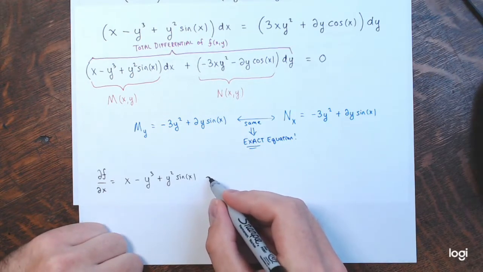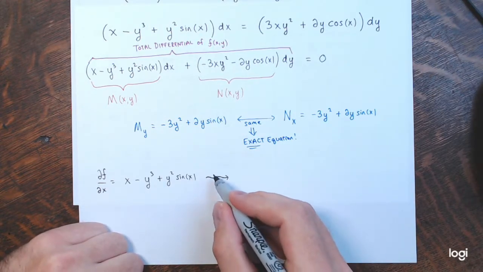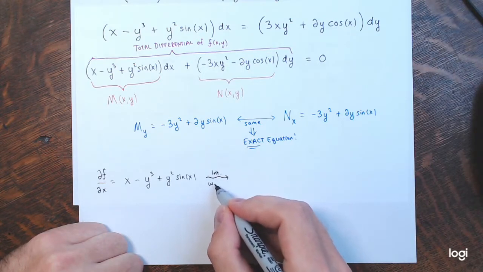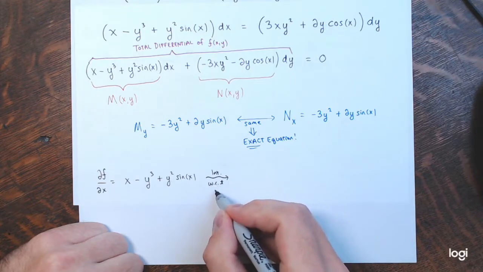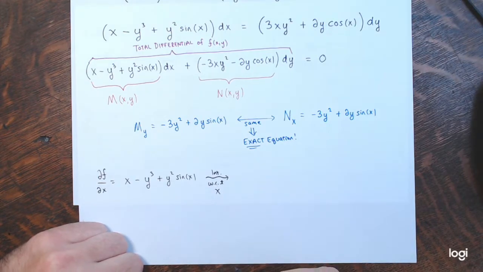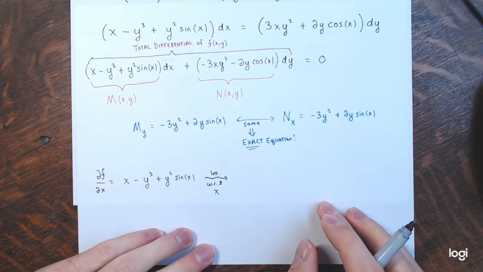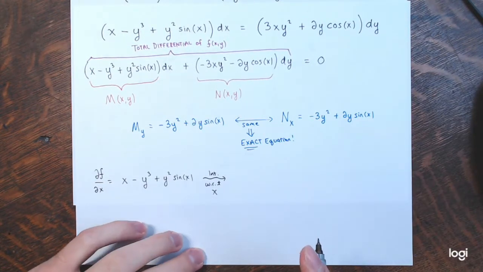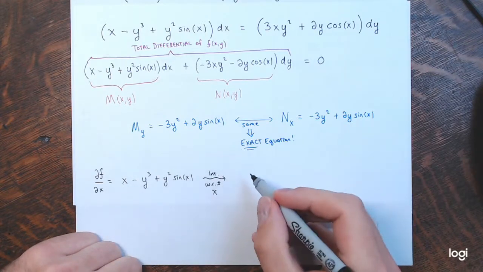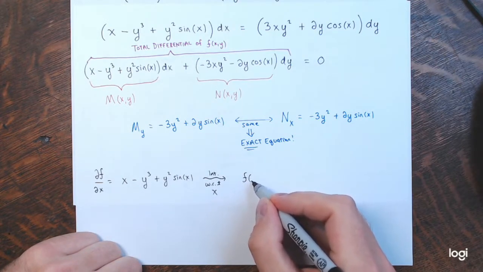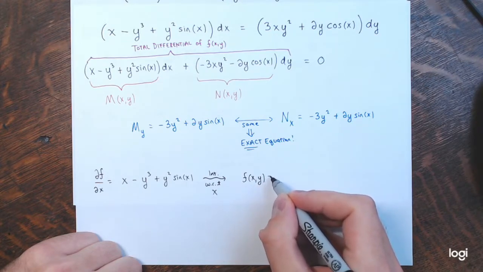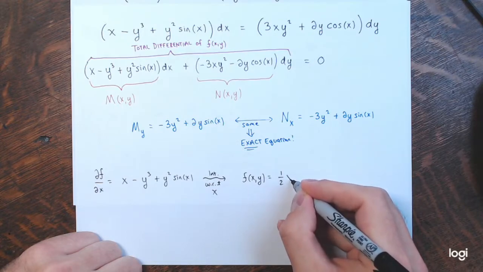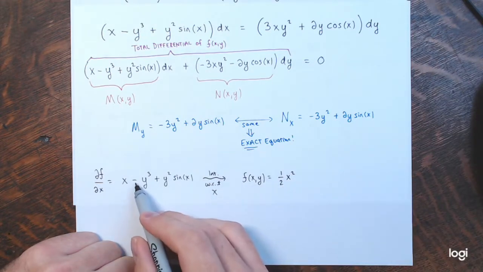And then I integrate with respect to x, right? That means my constants will be y's, there'll be some function of y at the end. And if I integrate with respect to x, you get f of x,y, then f would be equal to half x squared minus y cubed x.